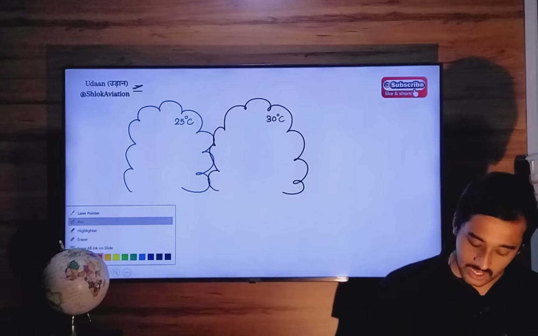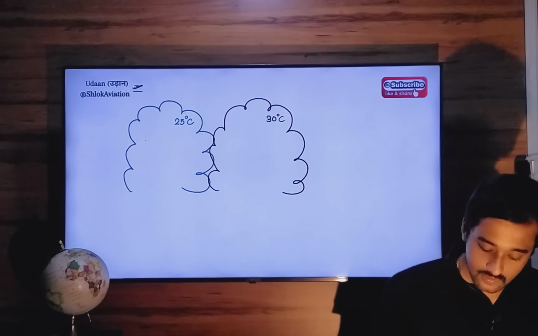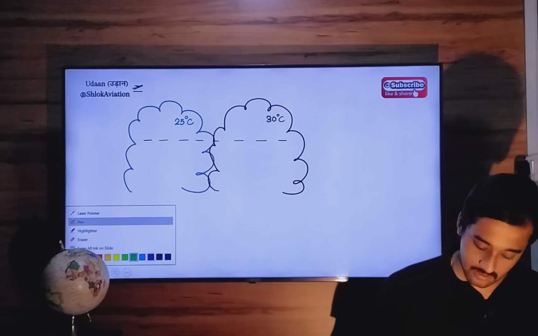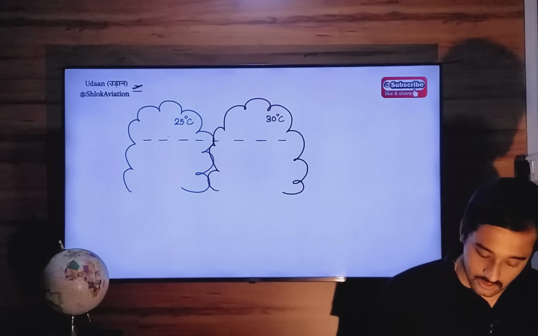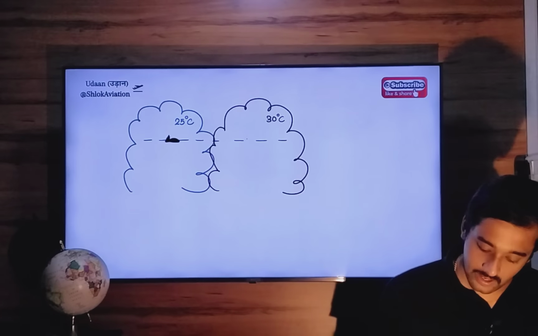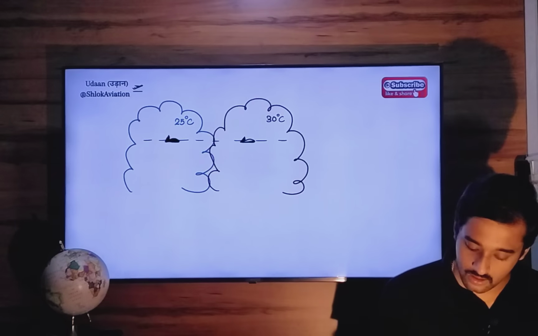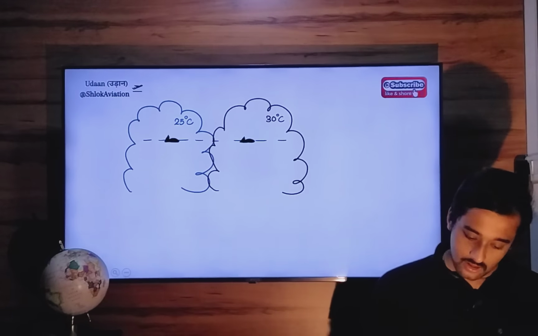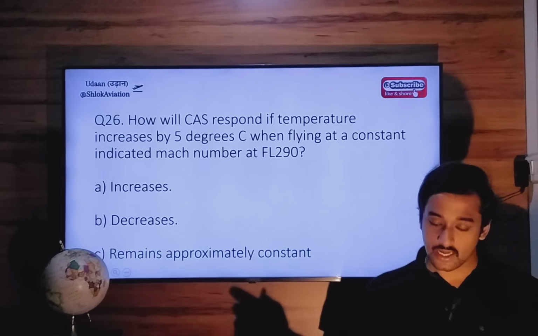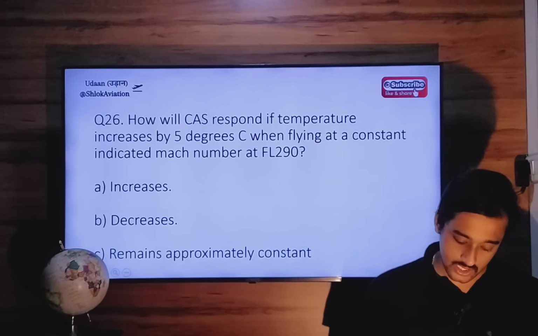Your aircraft is flying at constant altitude, which is 29,000 feet in both air masses. So over here 29,000, same here 29,000. And what will happen to calibrated airspeed if you encounter these conditions?